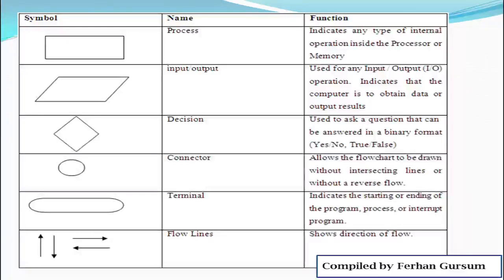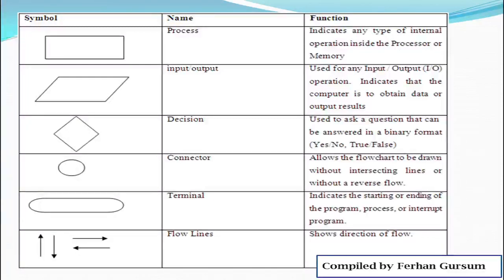Okay, the other one is terminal. The fifth one is terminal. The function of terminal is to indicate the starting or ending of the program. When we start drawing a flowchart, we start with a terminal. Okay, it indicates what? The starting or ending of the program or process, or interrupt of the program.